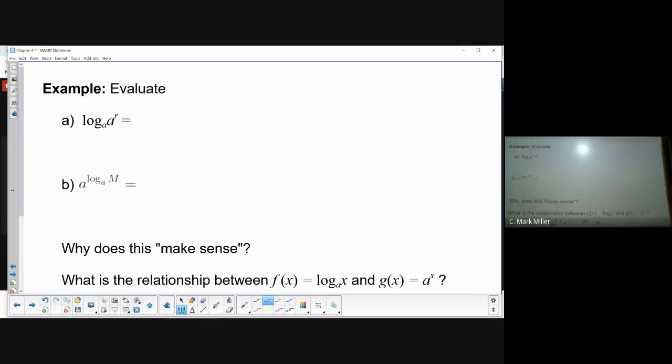R. Now, another way of seeing that is doing what we've been doing the last slide or two. Call that question mark. That means A to the question mark equals A to the r. Equal bases. So our mystery number is r.